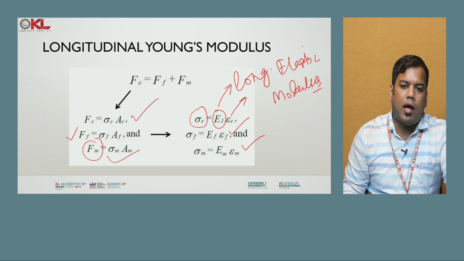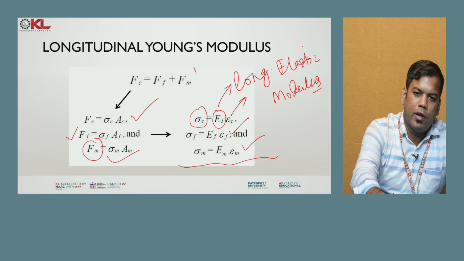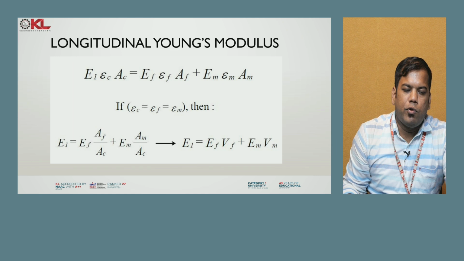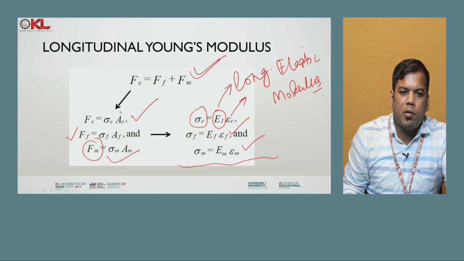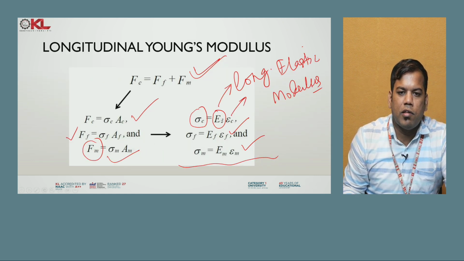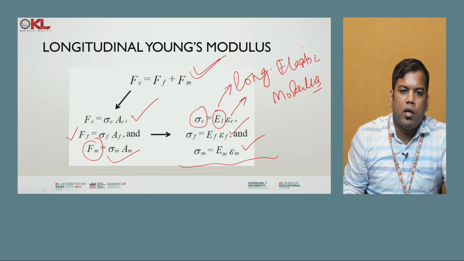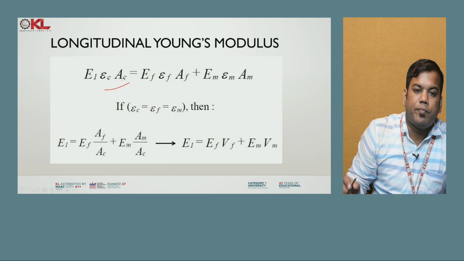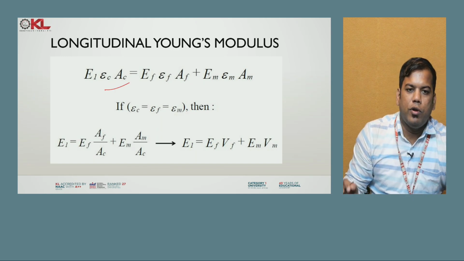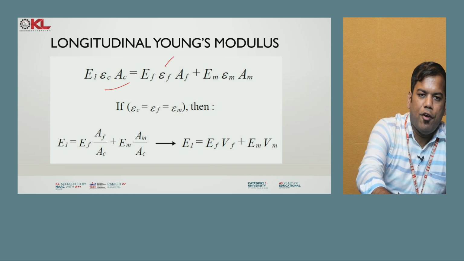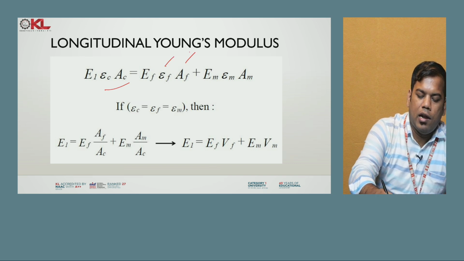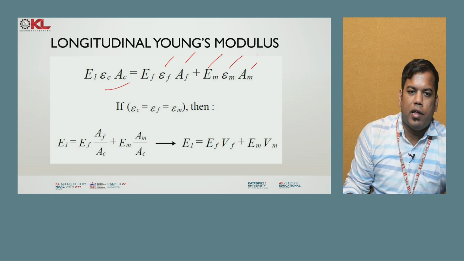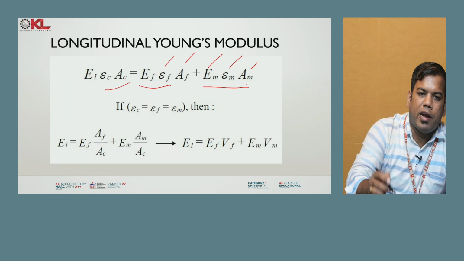Now let's put these values in the equation. Fc is sigma c Ac, and sigma c is E1 epsilon c. So Fc will be E1 epsilon c Ac, which will be equal to Ef epsilon f Af plus Em epsilon m Am. These terms are of the fiber, and these are of the matrix.